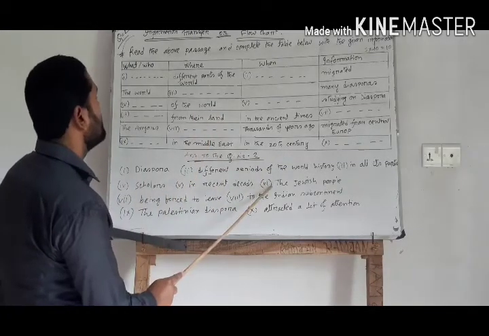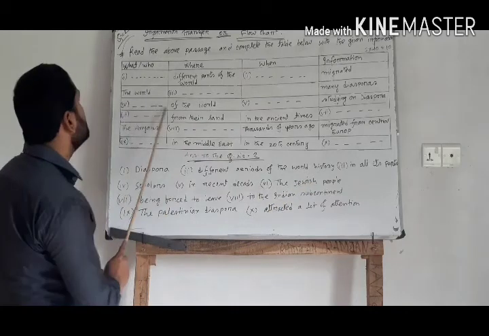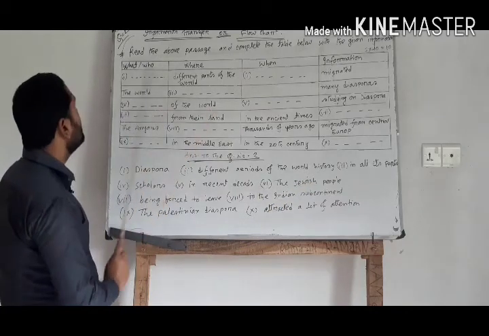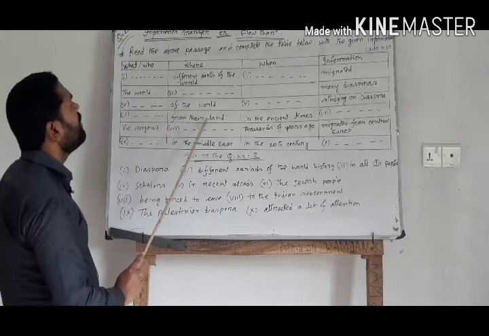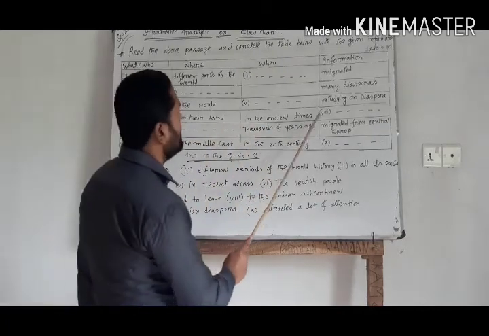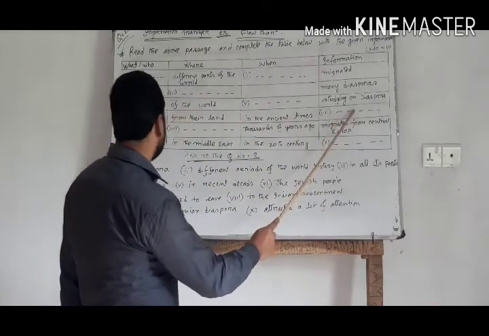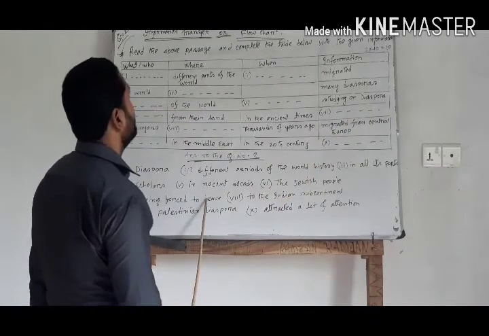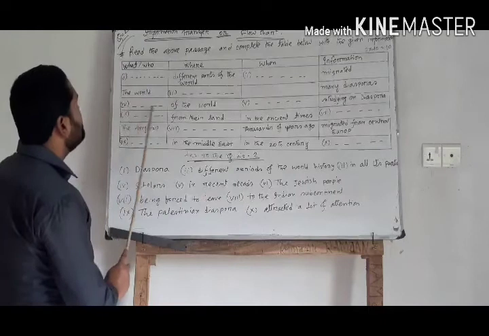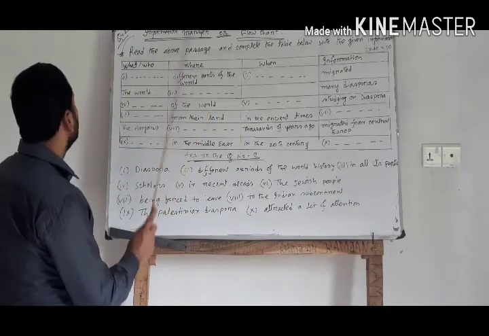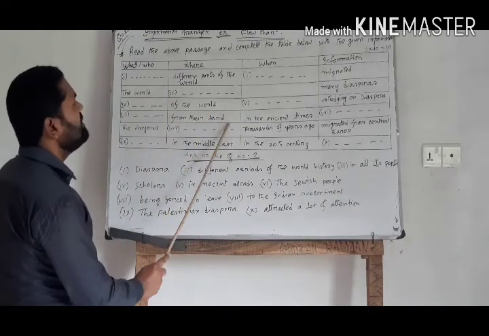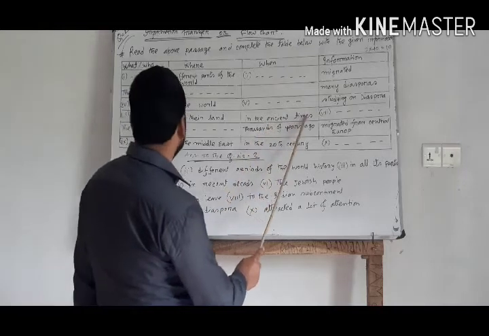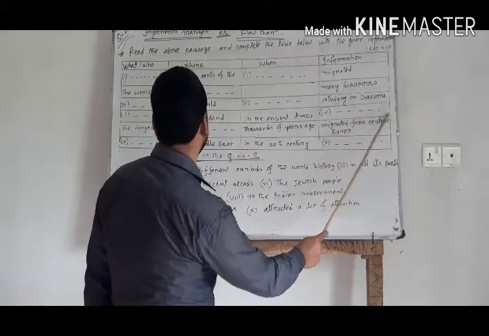Look at the answer: the Jewish people of the world, the Jewish people from the land in the ancient times. Information, we have to find out information. Being forced to live. Look at the sentence: the Jewish people from the land in the ancient times being forced to live.